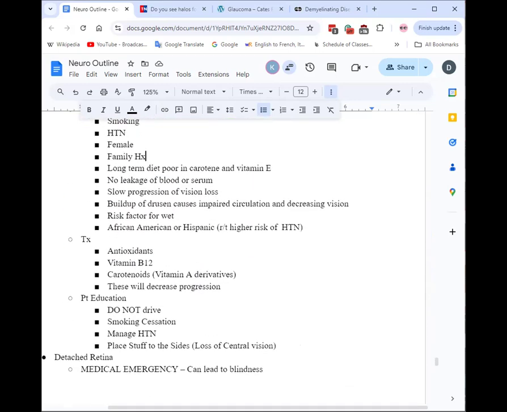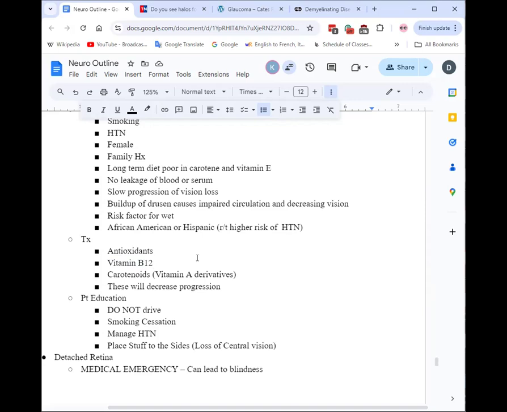Some of the treatment here, just real quick: antioxidants. Our class didn't get much detail on it, and I don't think yours did either. I'm pretty sure they're using the same PowerPoints. Antioxidants, and vitamin B12, we remember, can be used for the functioning of nerves.